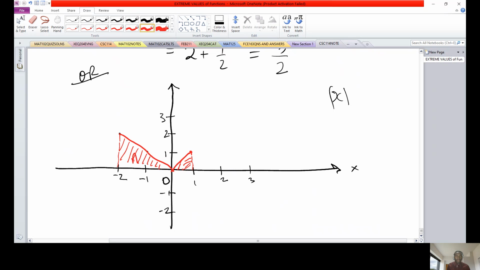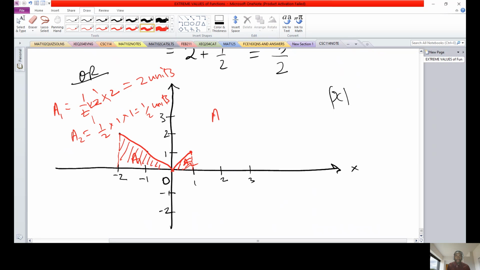If you call this one A1 and this one A2, A1 is the shape of a triangle, so it will be simply a half times base times height. The base of this triangle is 2 units, the height is 2 units. And then area 2 would be a half times base of 1 unit, height here is 1 unit, so you get a half unit.